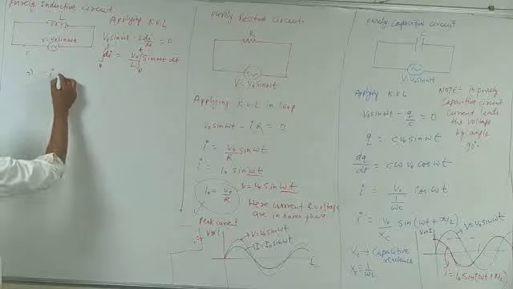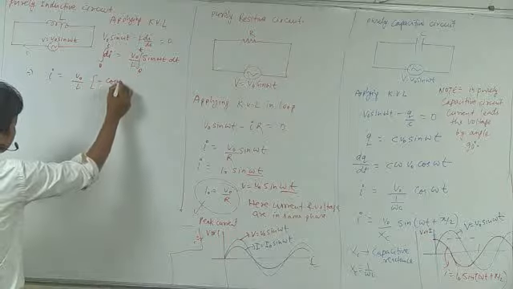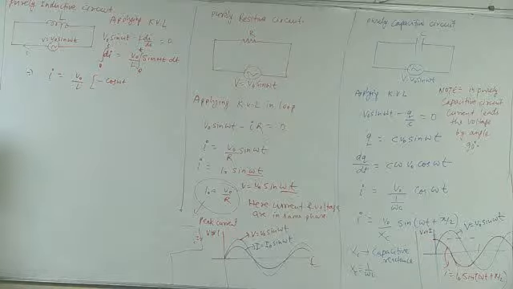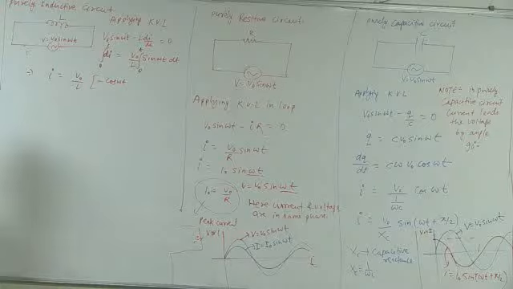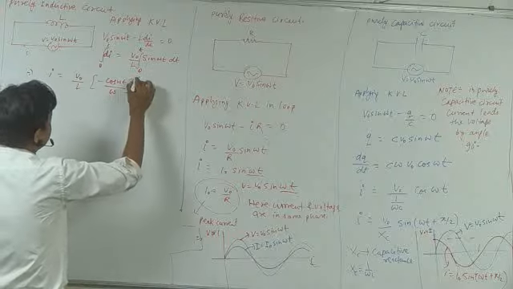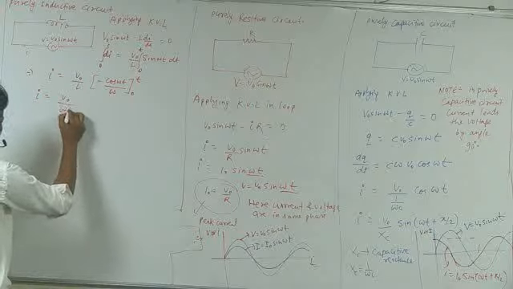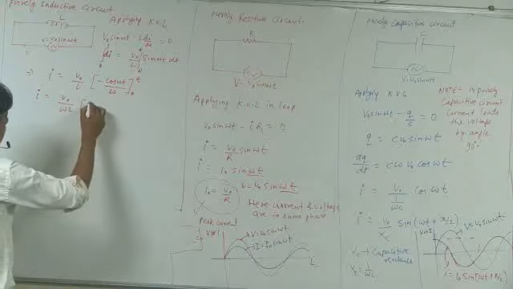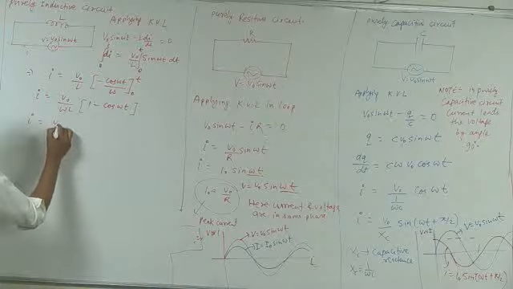You will get I equals V naught by L, integral of sine omega t, which becomes minus cos omega t by omega, from 0 to t. So I we are getting here as V naught by omega L times 1 minus cos of omega t. So I is V naught by omega L minus V naught by omega L cos of omega t.